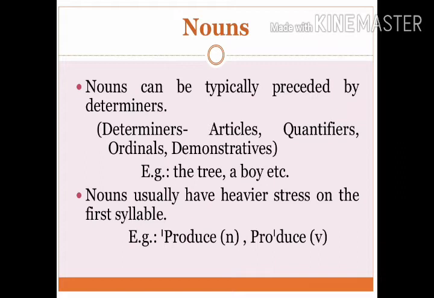Nouns usually have primary stress on the first syllable. For example, consider the word produce. The word has got 2 syllables, and when the word is used as a noun, the stress falls on the first syllable. So, these are the major characteristic features of nouns in English.